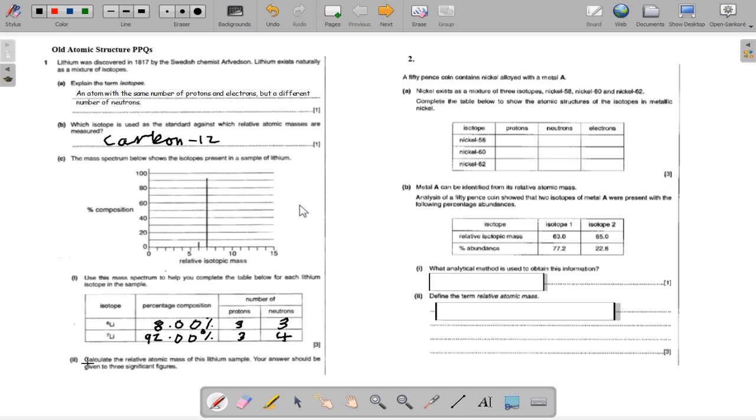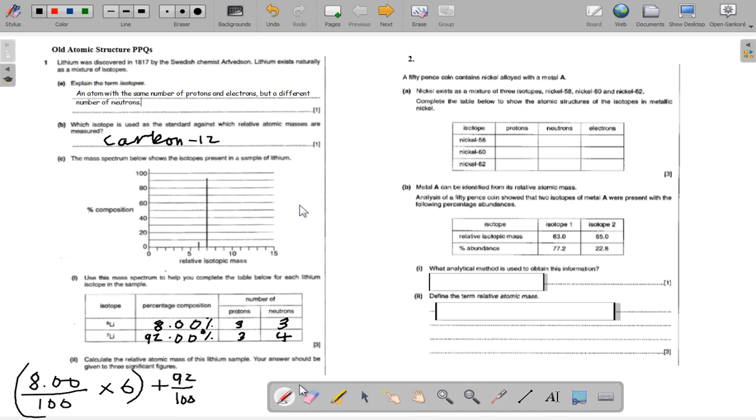So the next step is to calculate the relative atomic mass of the lithium sample, and the answer should be given to 3 significant figures. So the way to do this is to set the calculation out like this, and then times it by the mass, and then you add that.